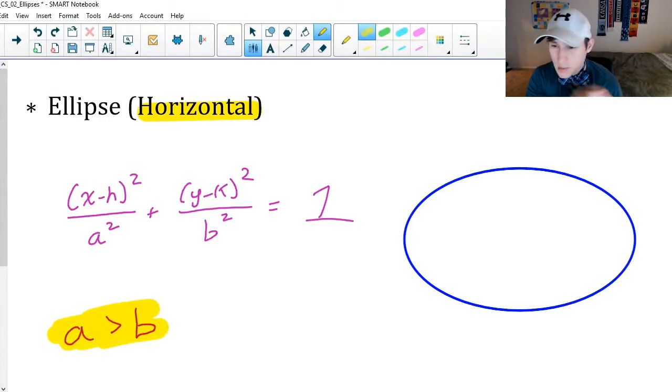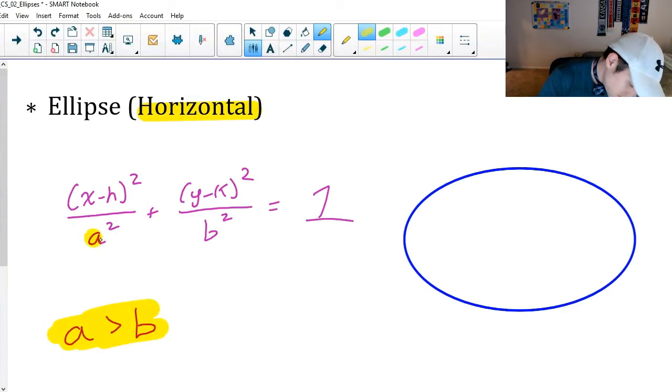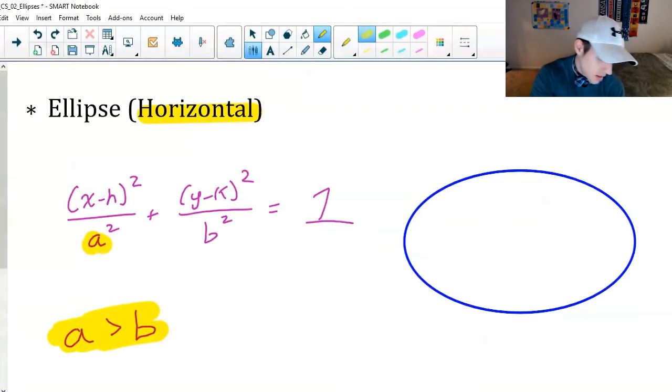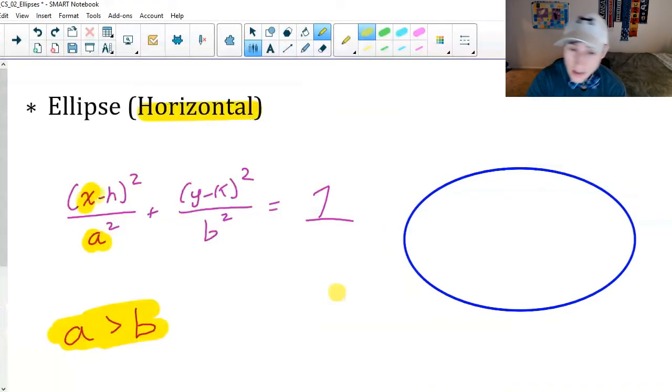So here's the best way I think to think about it. The larger number, right? a is the larger number. And since it is below the x, then that means the x direction is larger, right? It's wider in the horizontal x direction, right?